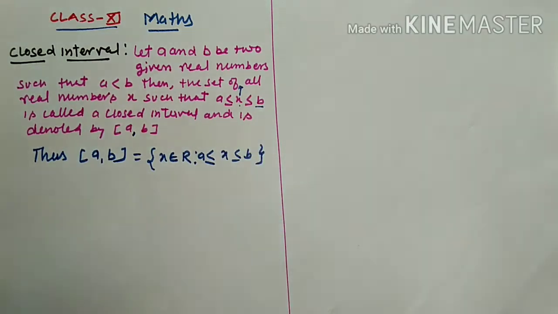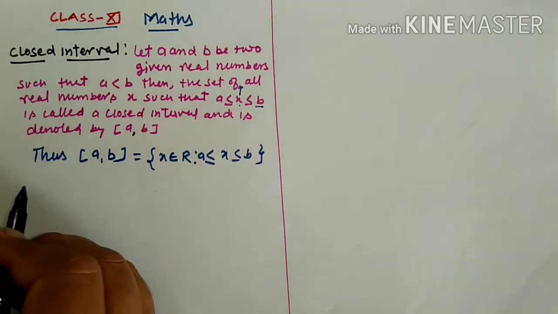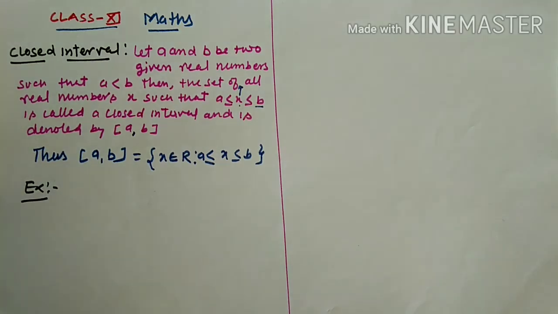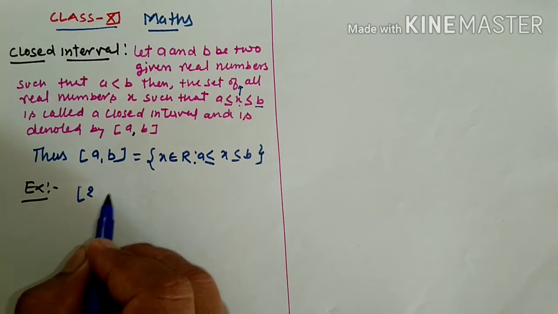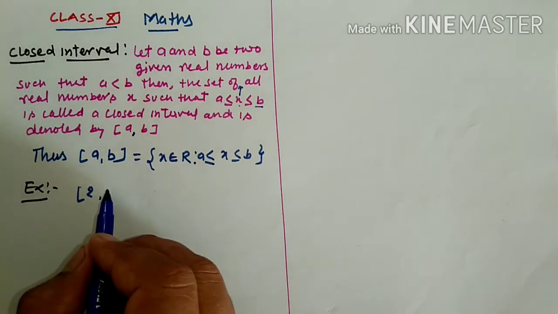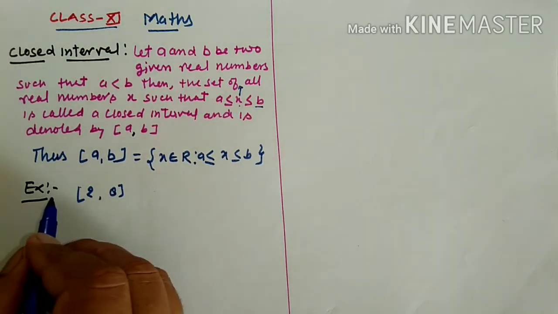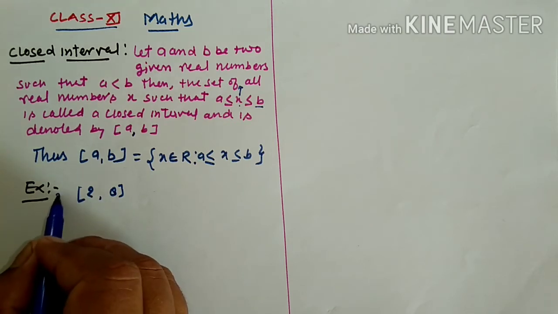Okay, we can understand it by an example. So any example we have given. Let's suppose 2, 8. Clear? So, it is written X belongs to this interval.